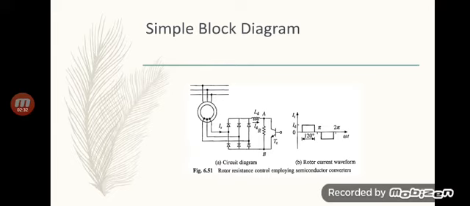Here TR is a transistor, IR is the rotor current, and LD is an inductor. So this is rotor resistance control applying semiconductor converters.